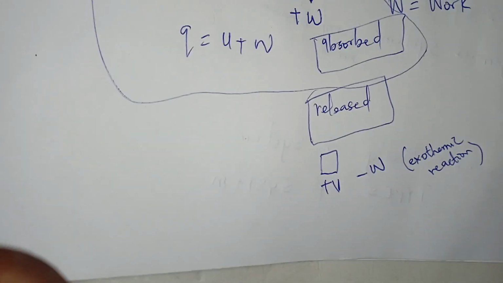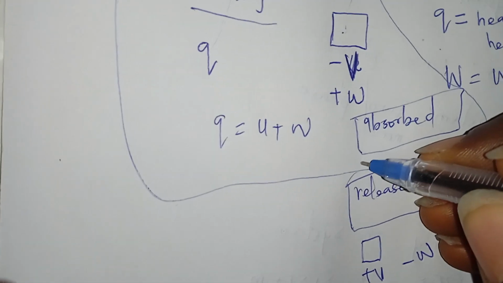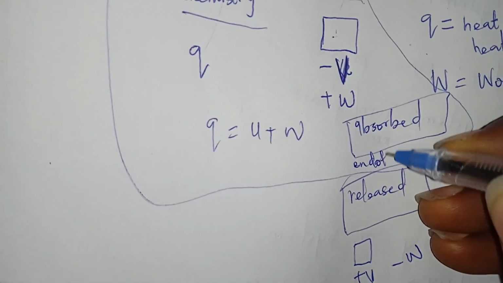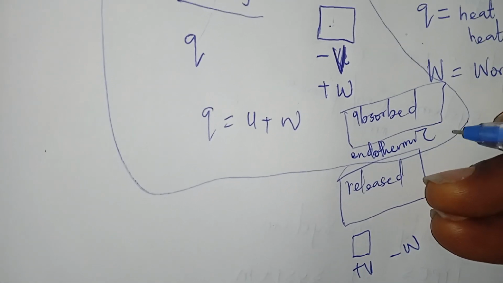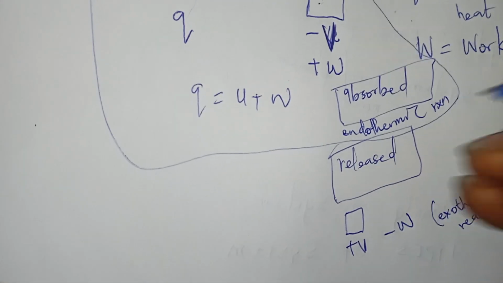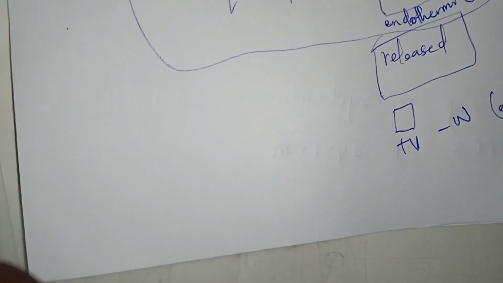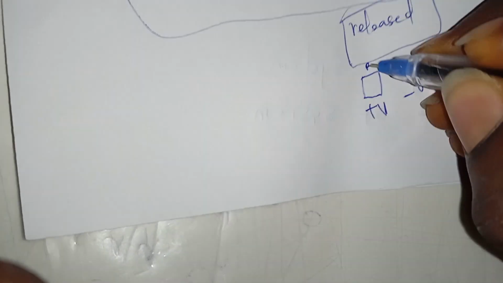But anytime energy is absorbed, we say it's an endothermic reaction. So if you know this, let's go back. When they say energy is released or work is done by the system, the system is losing energy, so work is negative.